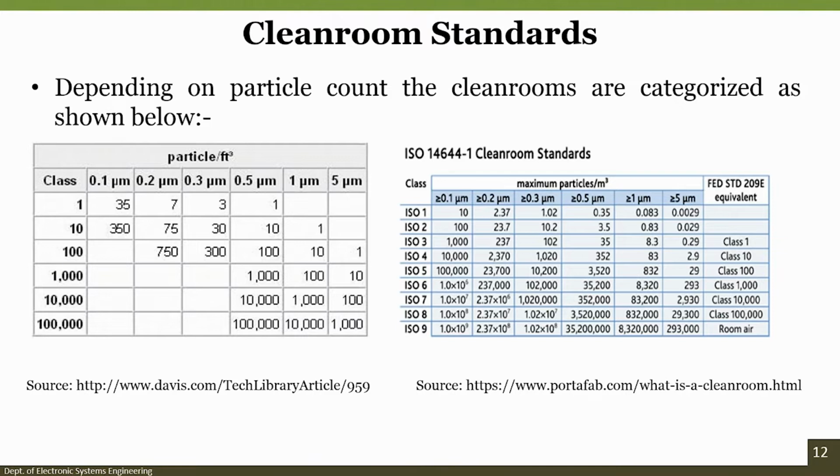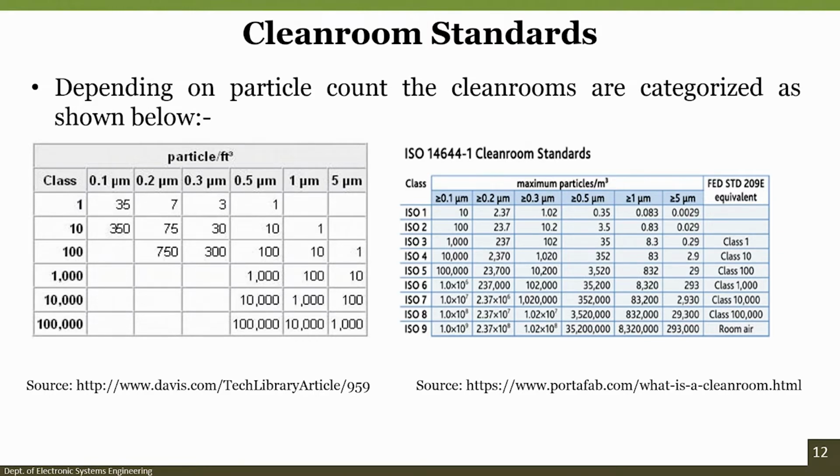As you go towards the lesser number, class 1 is cleaner than class 10, class 10 is cleaner than class 100, and class 100 is cleaner than 1000, 10,000, and 100,000. In class 1 and class 10, almost no 5 micron particles exist; 1 micron is just 1, 0.5 micron is 1, and then in class 10, 0.5 micron is 10, 0.3 micron is 30, 0.2 is 75, 0.1 is 350.